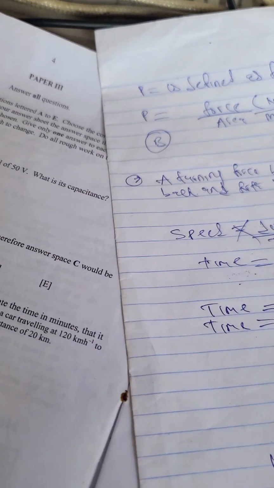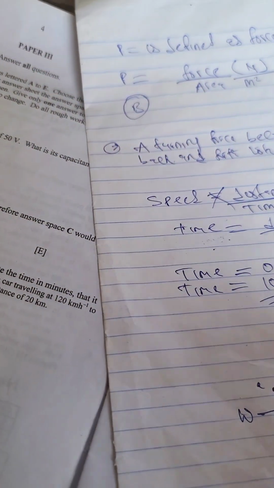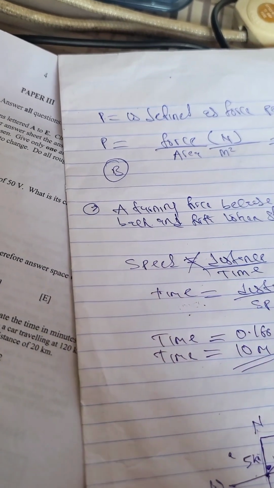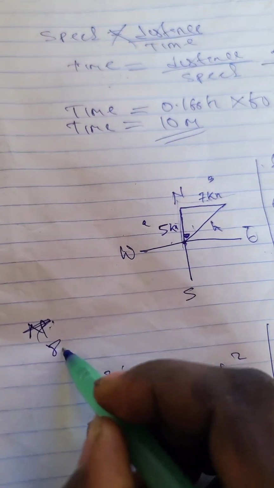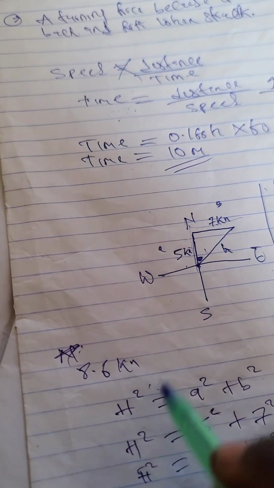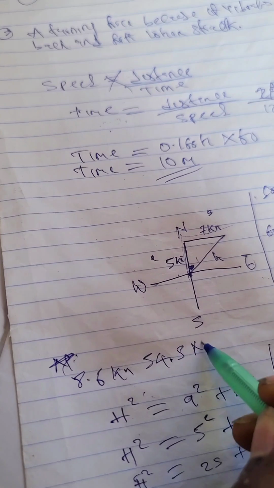So generally we have our distance and our direction. Remember, our distance is 8.6 kilometer, then the direction should be 54.5 northeast.